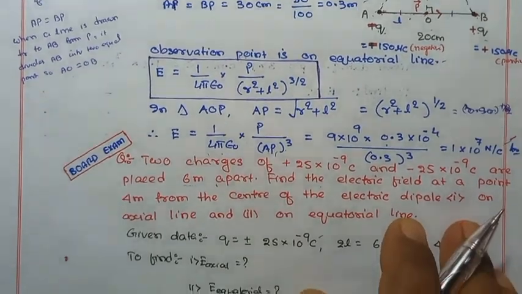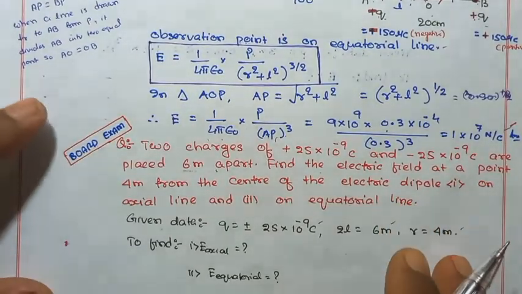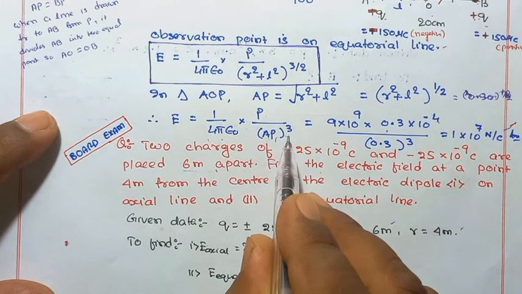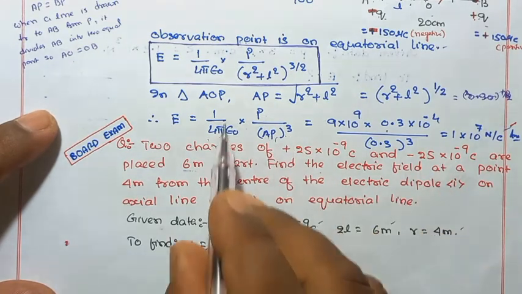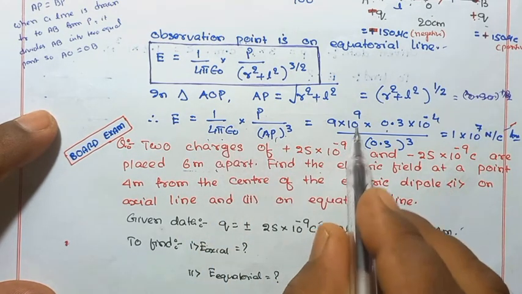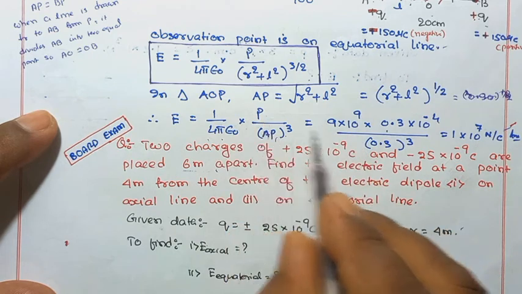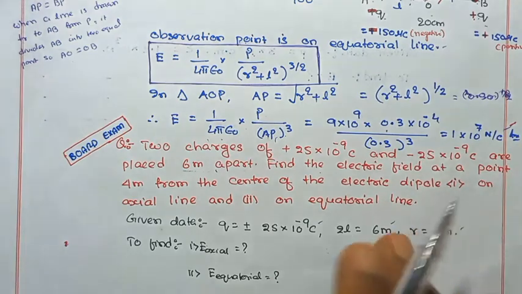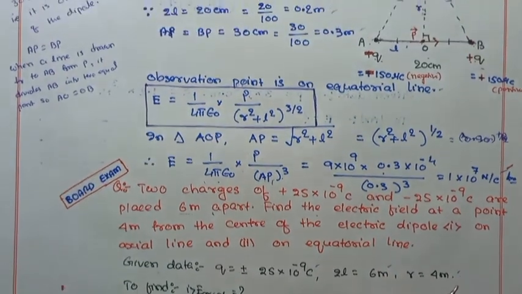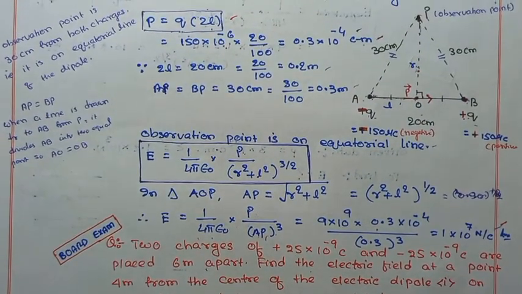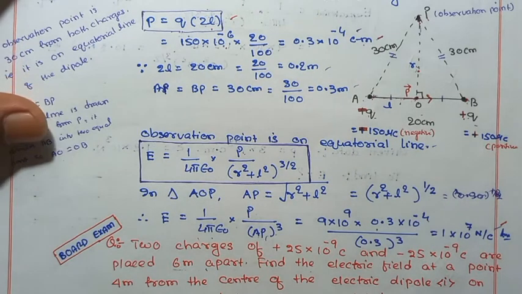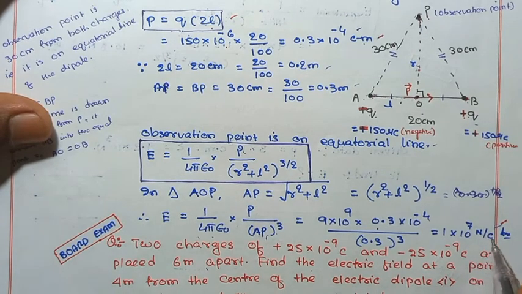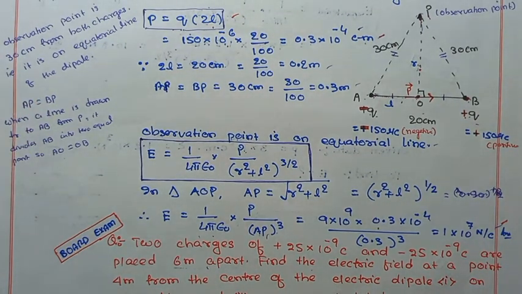So E is equal to 1 by 4 pi epsilon 0 into P by AP cube. Now 1 by 4 pi epsilon 0 value is 9 into 10 power 9. P value is 0.3 into 10 power minus 4, and this AP is 30 centimeter. We convert it into meter, so 0.3 meter, and we take the cube of 0.3. After solving we will get 1 into 10 power 7 Newton per coulomb.